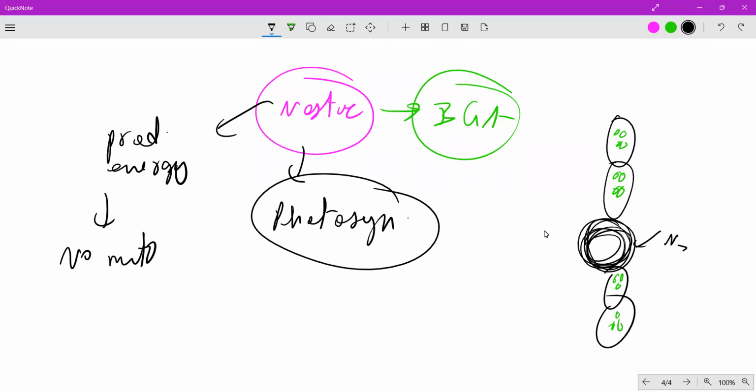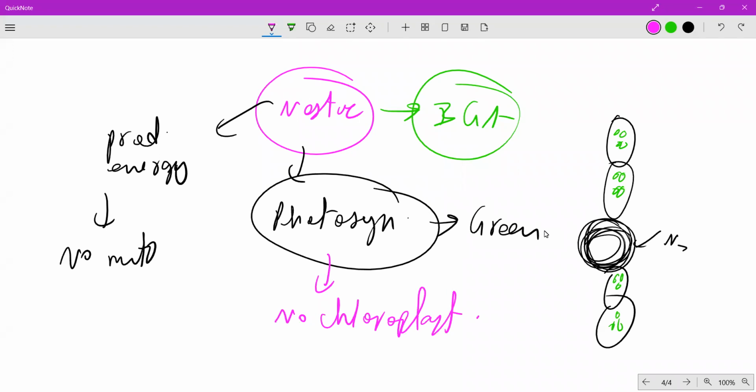But it is photosynthetic, we know. It is photosynthetic. Green. But you'll be surprised to know, there is no chloroplast. Then where are the pigments? If there is no chloroplast, then where are the pigments? Why does it look green?